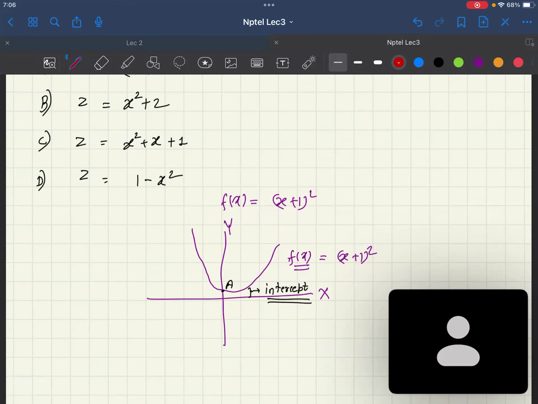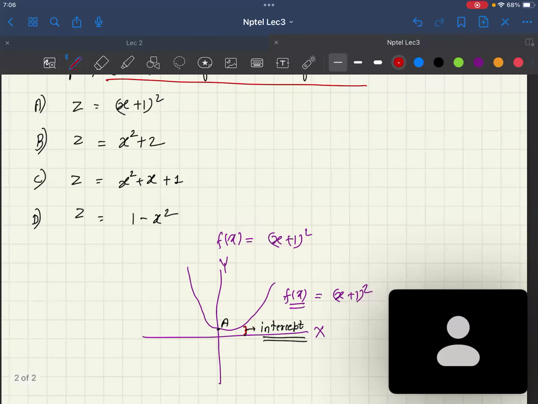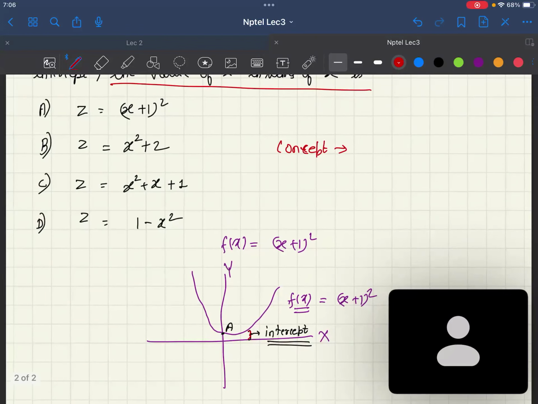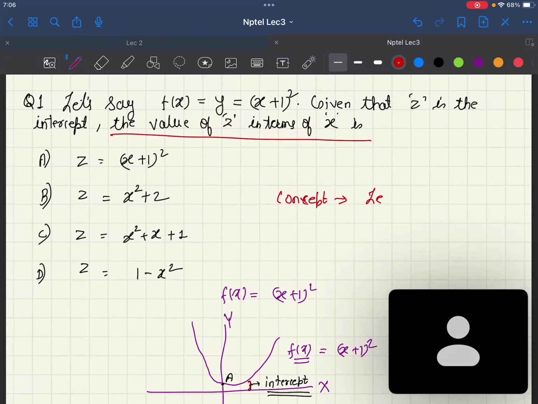And that is one thing. Then the next point is, you are asked to find the value of this x. In this, the concept which we are going to use is, not Lagrangian, it's Legendre transform. Legendre transform, right?